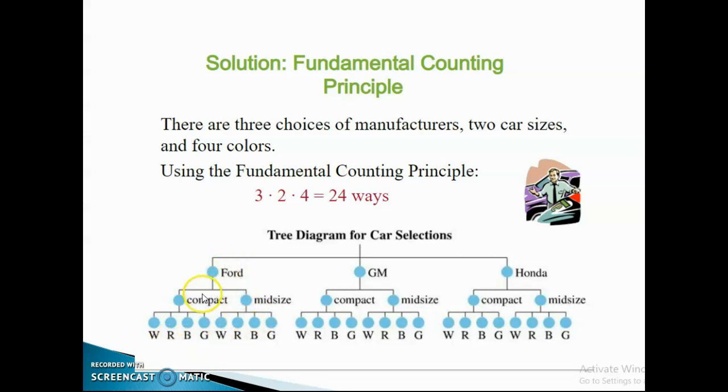So with Ford compact size, you can select any of the four colors, and with manufacturer Ford car size mid size, four colors are available, 4 plus 4 is 8, and with GM two car sizes 4 and 4 is 8, and with Honda manufacturer two car sizes 4 and 4 is 8. 8 plus 8 plus 8 equal to 24 possible outcomes.